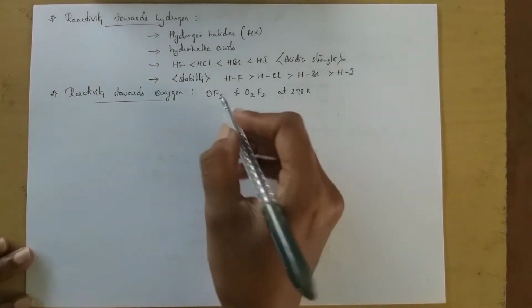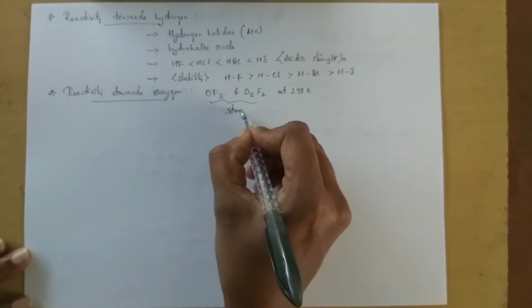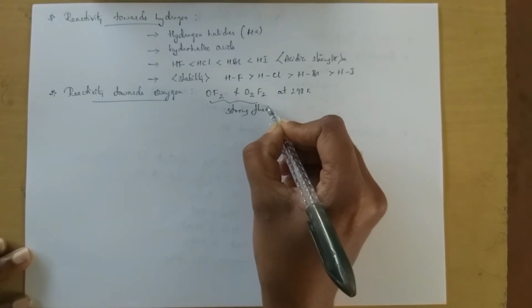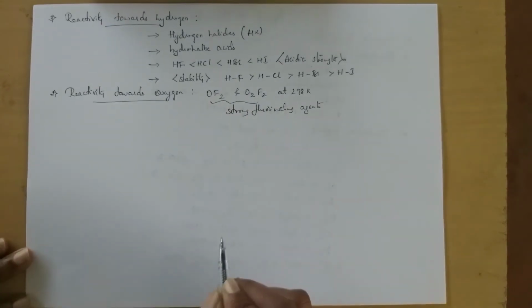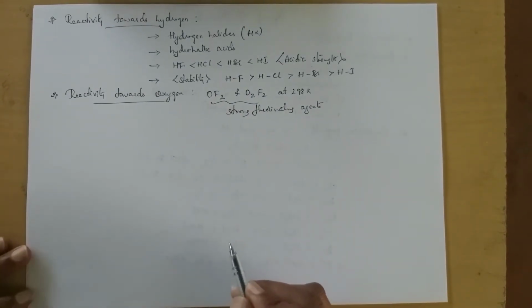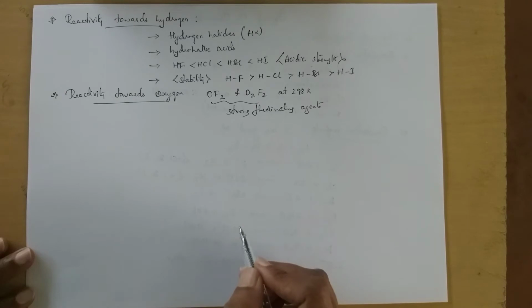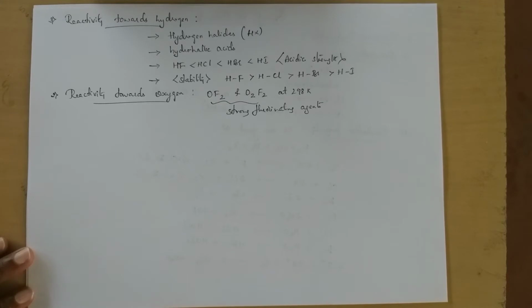Particularly, O2F2 oxidizes plutonium to PuF6, and the reaction is used in removing plutonium as PuF6 from spent nuclear fuel. So in the nuclear fuel concept, this O2F2 oxidizes plutonium to PuF6.